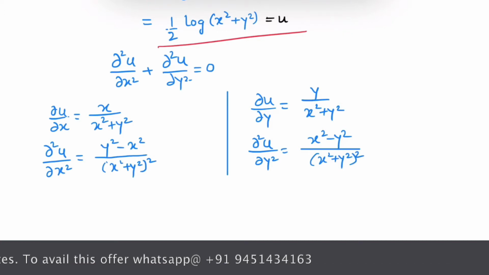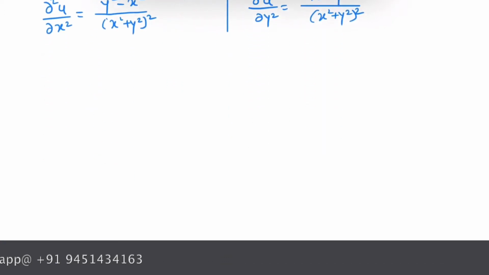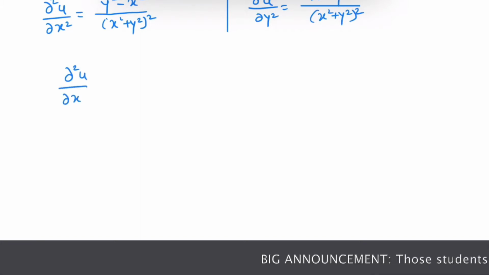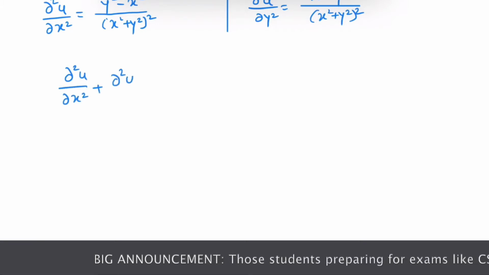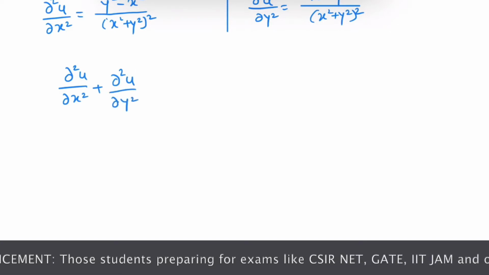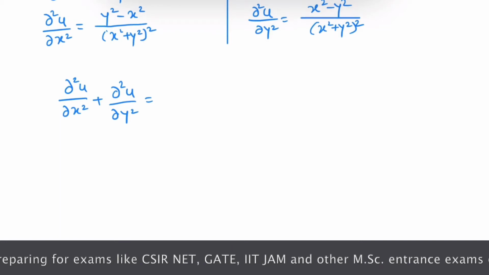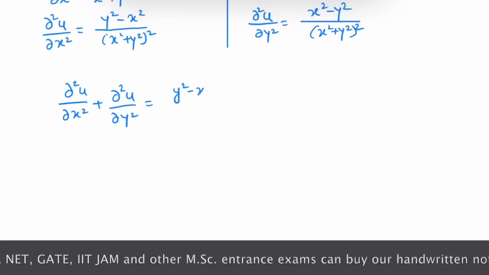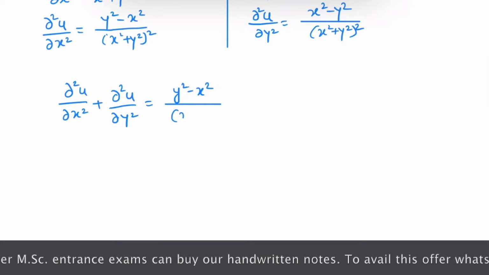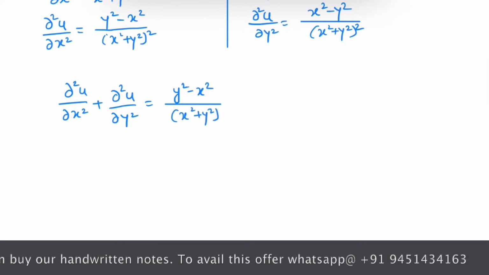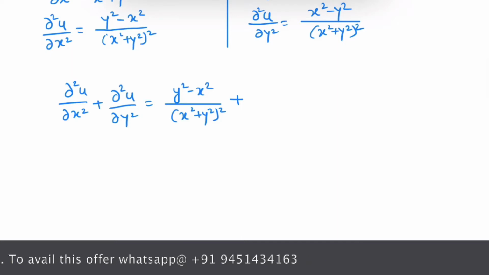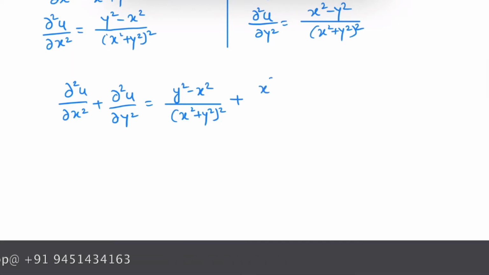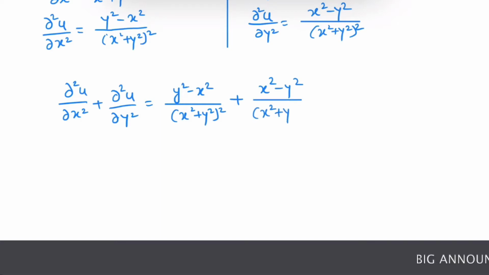Now let's find del square u over del x square plus del square u over del y square. Del square u over del x square is y square minus x square over x square plus y square whole square, and del square u over del y square is x square minus y square over x square plus y square whole square.